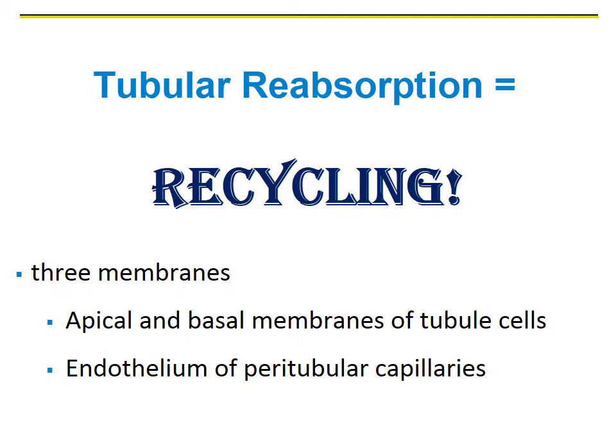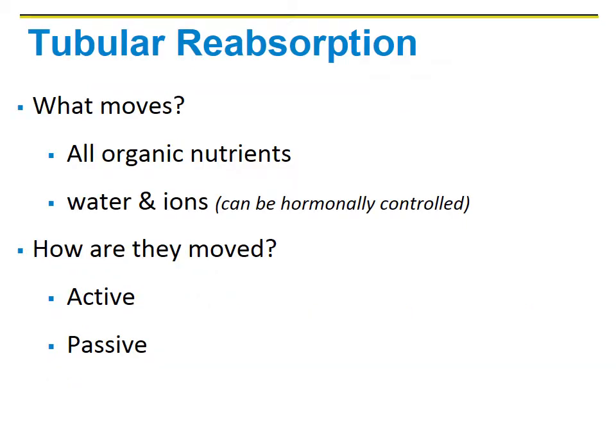That means the cell is moving the molecule past its apical and basal surfaces, across the basement membrane, and then into the capillary. What moves? Organic nutrients, water, ions. How are they moved? Active and passive transport.